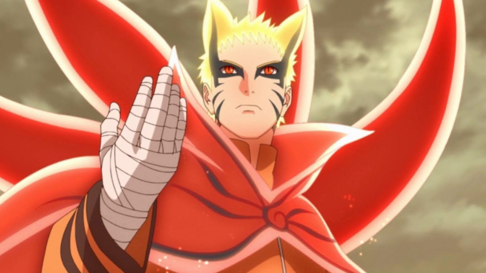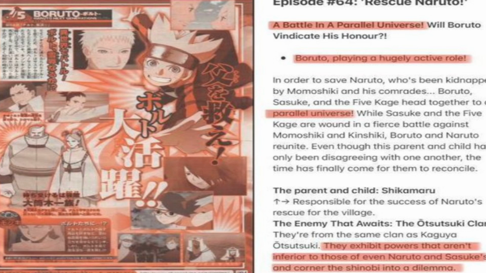And then in terms of speed, we see that Momoshiki has traveled through his dimension, which is stated to be a parallel dimension, so it should be an infinite distance because it's a universe. But to not lowball, let's give a midball. This would mean at bare minimum he should be able to travel at millions to billions of times the speed of light, because you can see there are stars and other constellations in his universe.